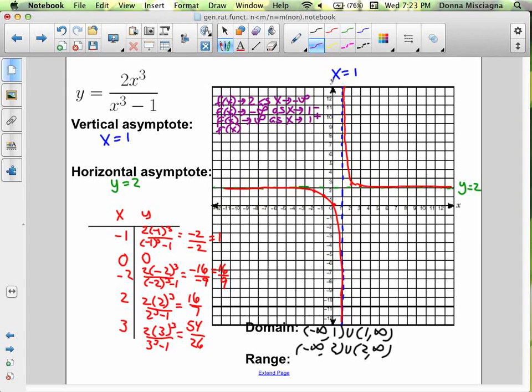And f of x approaches the horizontal asymptote again as x approaches infinity. All right, so as we approach the vertical asymptote from the left and to the right, we're going to go to negative infinity or infinity, respectively. And as x approaches negative infinity or positive infinity, the function is going to head to the horizontal asymptote. So this is the end behavior.